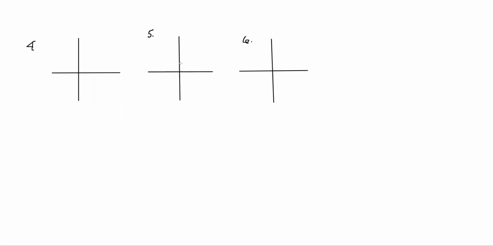And 5 is the straight line. 4 looks like this. And 6 looks like this. All right. So what's going on with number 4? It's increasing, it's concave up.